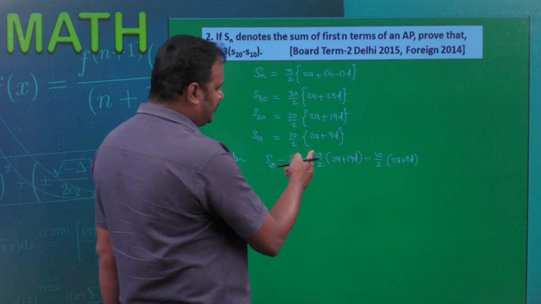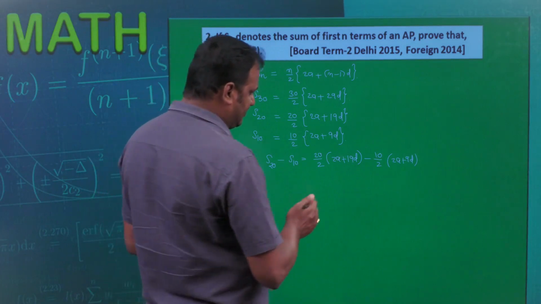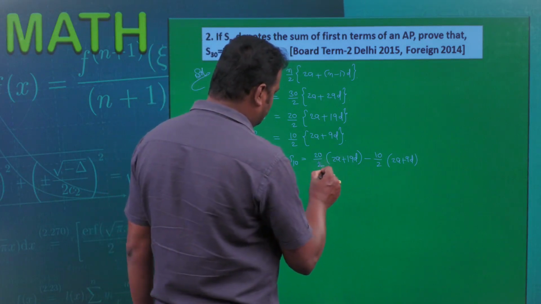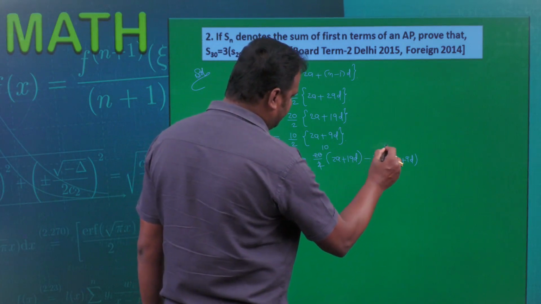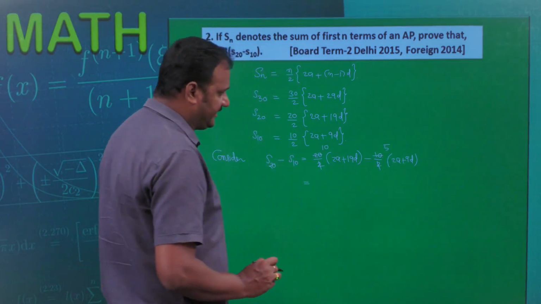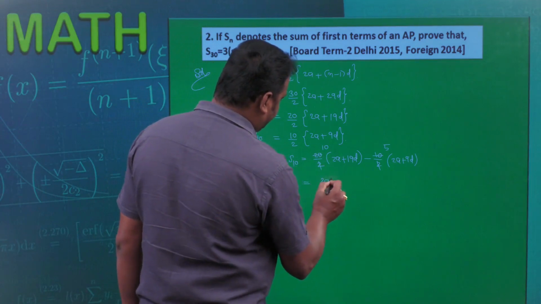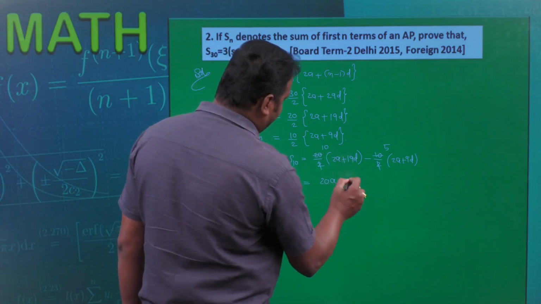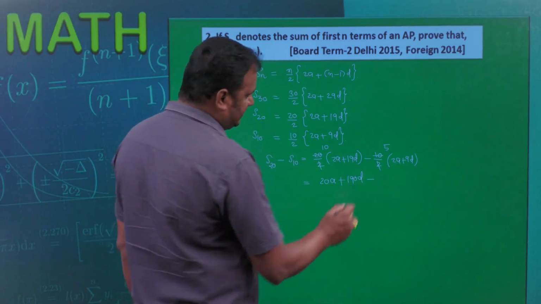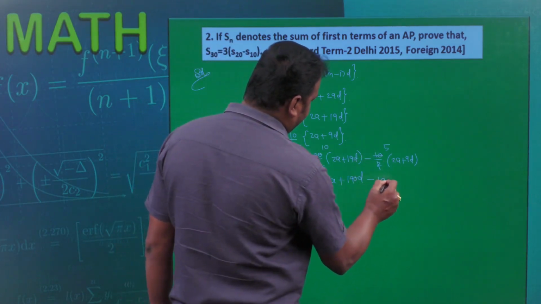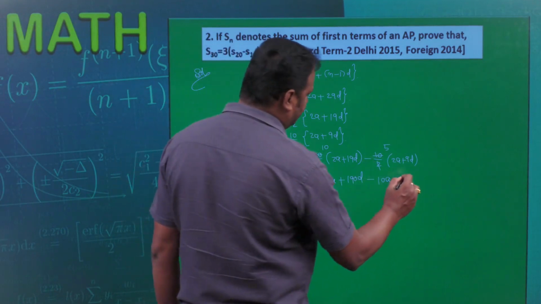So here 20 divided by 2, 10 divided by 2, of course both of them are in simplest terms. So we can do one thing, that here 2 1s are 2 and 10s are 20, and again 2 1s and 2 5s are 10. Finally what we get here: 10 into 2a is 10 2s are 20a, plus 10 into 19 is 190d, minus 5 into 2 is 10a, minus, because minus into plus equals minus, 5 9s are 45d.